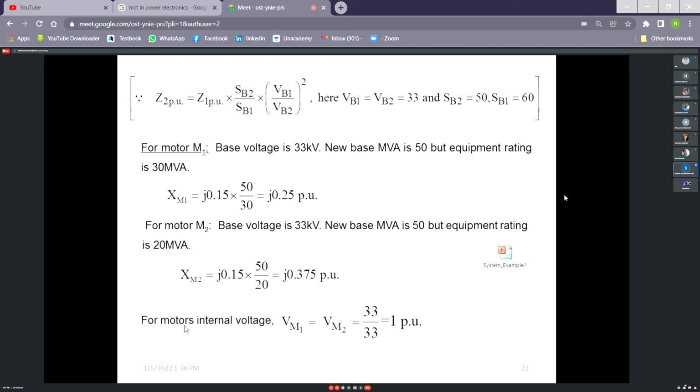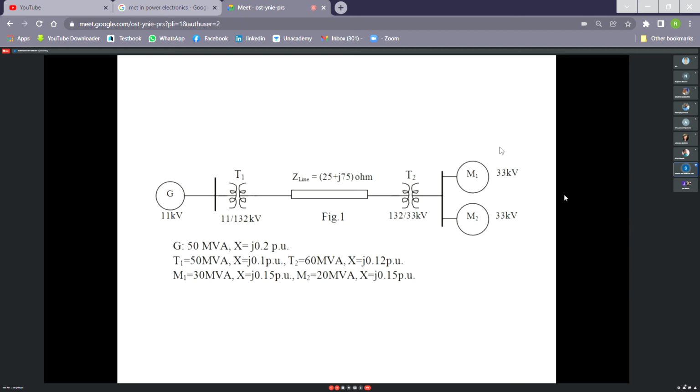Now, regarding the motor internal voltage, I must mention that when we do this type of single line diagram, we always assume all the motors are synchronous motors, not induction motors. Synchronous motors mean again voltage behind transient reactance or synchronous reactance. So there will be a motor induced EMF, right? Why synchronous motors? Generally, an induction motor does not contribute anything when there is a fault, because an induction motor is a passive device.